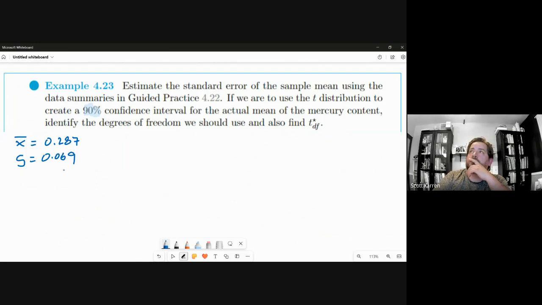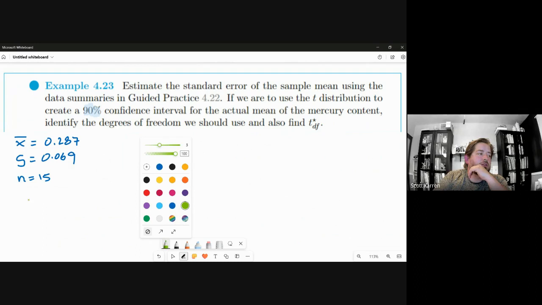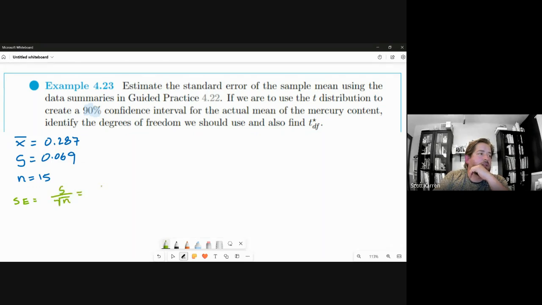And there were 15 fish, so n is 15, which tells us that we can calculate the standard error. That standard error is s over the square root of n, so that is 0.069 over the square root of 15, which is approximately 0.0178.